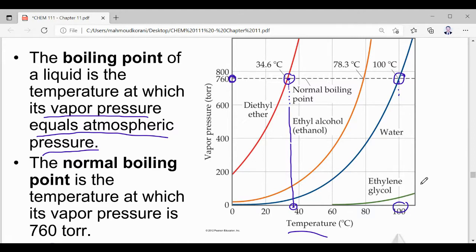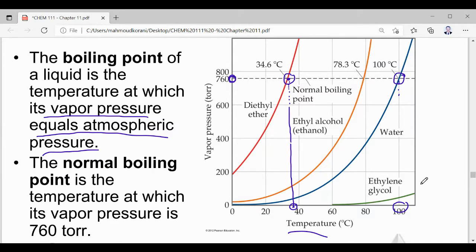I'm sure all of you know about the pressure cookers, which are always in your kitchens, and people use them for cooking food very, very fast. The main idea is that it is packed in a way that the vapor pressure of the liquid inside increases, so the boiling point of water increases.